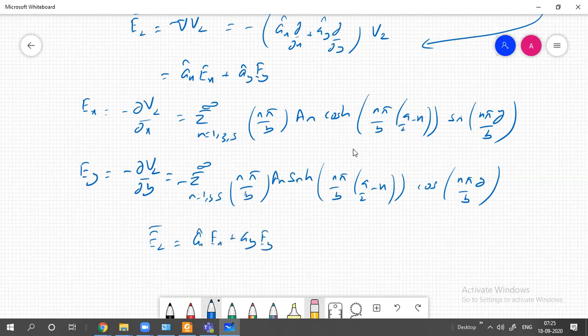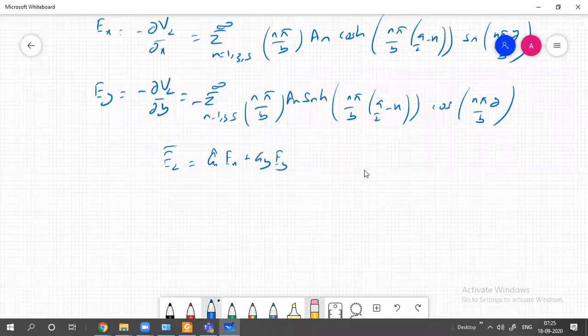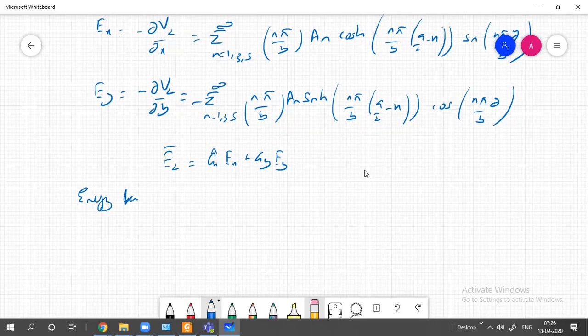E2 is known. Once E2 is known, we can find the energy stored per unit length in region 2.